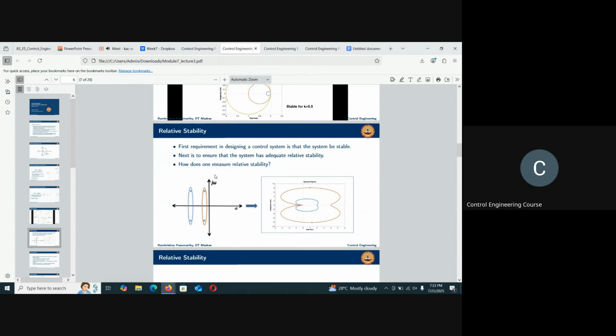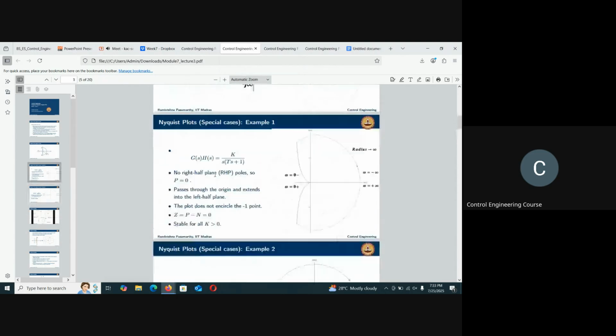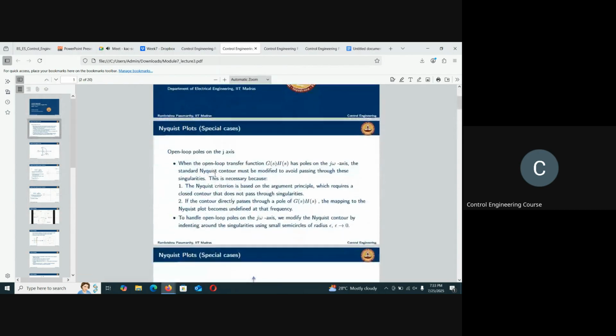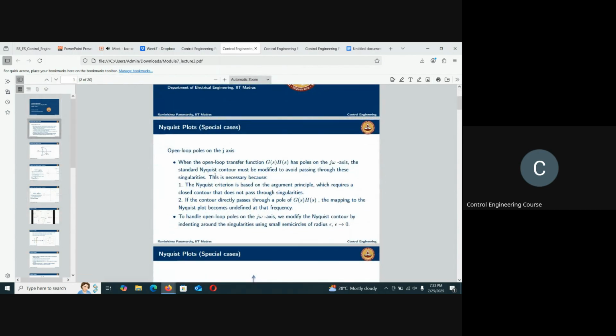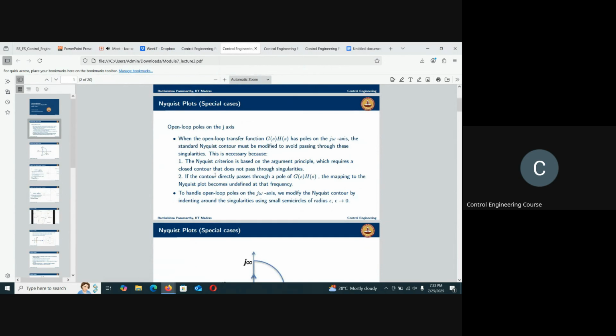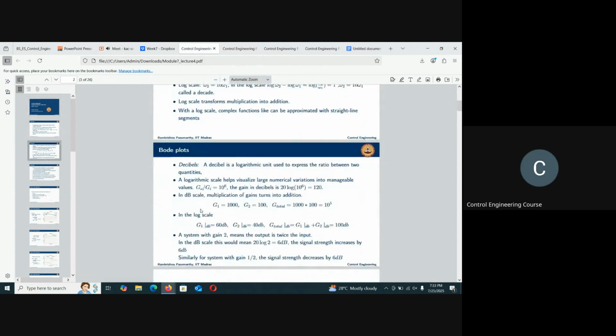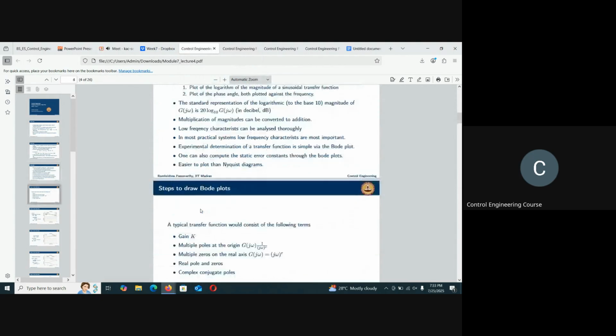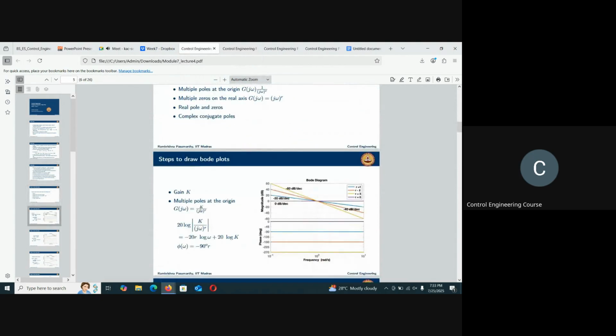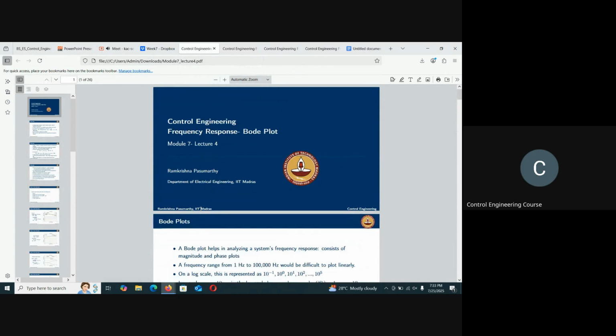I think we can stop here for this class. It will be too much otherwise, I guess. What do you think? Yes, sir. Let me see if there are lighter topics. Bode plot, you know how to draw? Yes, sir.